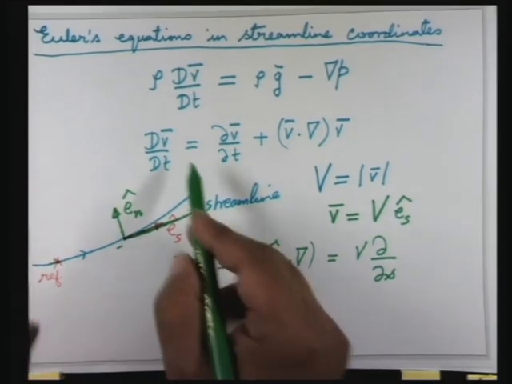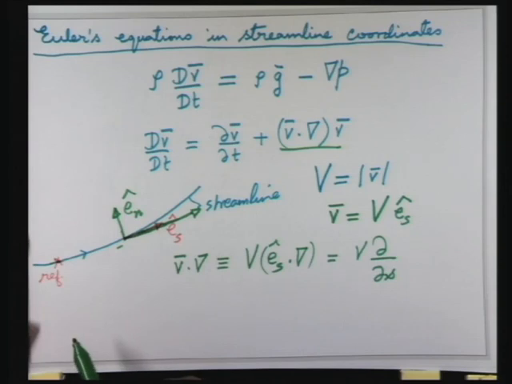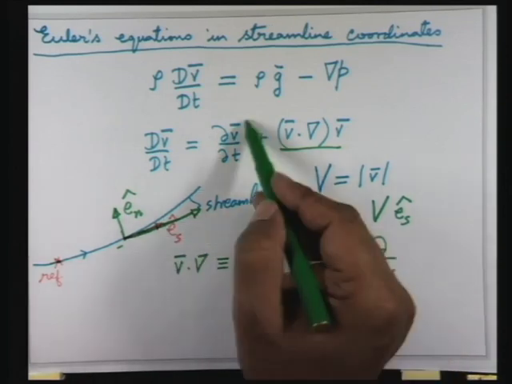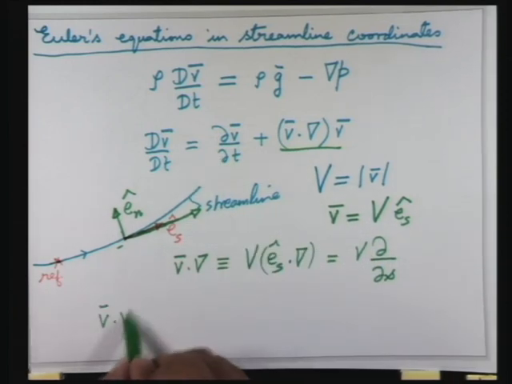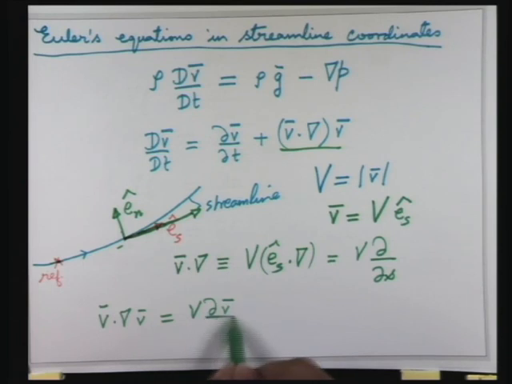Now, let us come back to this expression for the acceleration. This is the convective acceleration. If you have steady flow, and we will be dealing with steady flow, then the first term anyway will be 0. So, if you look at V dot grad V, this you can write as the scalar V times del of the vector V/del s.